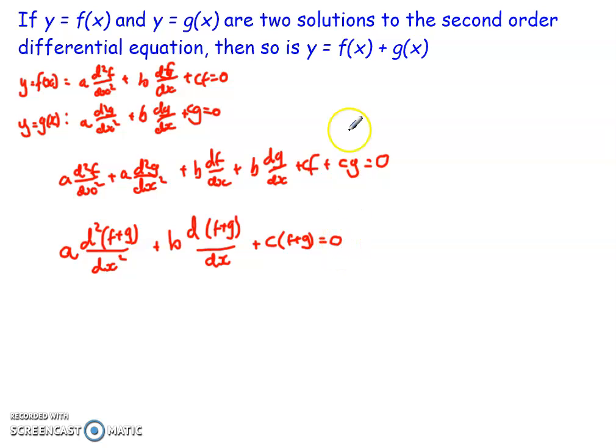So if I have two solutions, y equals f of x and g of x, if I add them together, I get a distinct solution to that differential equation.